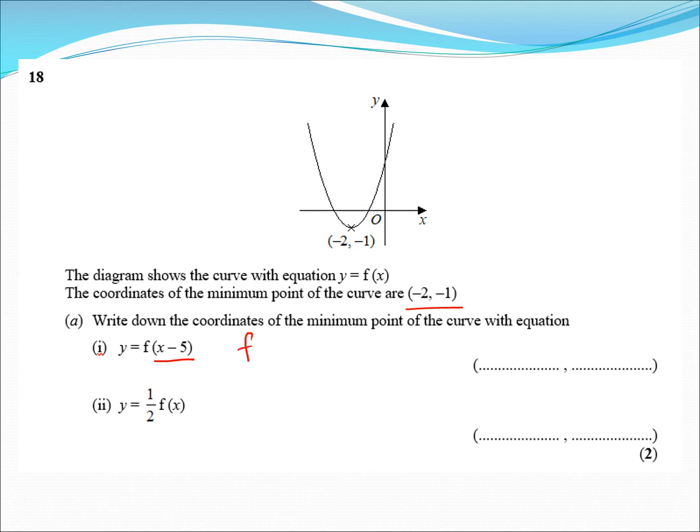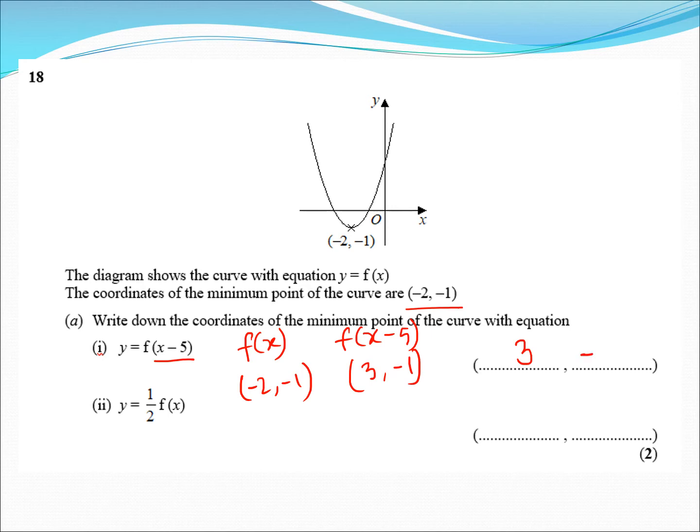We had minus 2 and minus 1 as the coordinates. So f of x minus 5, it's minus 5, so it's going to affect the x coordinate in the opposite way. So instead of minus 5, I need to add 5 to minus 2. So I will get minus 2 plus 5 is 3, and the y coordinate will not change.